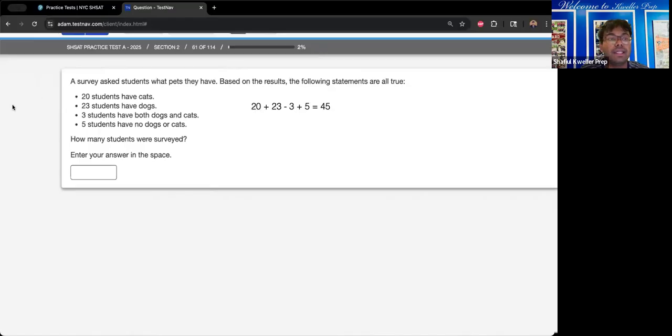The reason is that these three people that have both cats and dogs are included in both this and this statistic. Because if you have cats and you have dogs, you're going to be included twice. So that's why we subtract 3. So it's just 20 plus 23 minus 3 plus 5 equals 45.